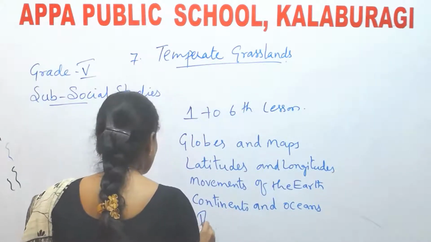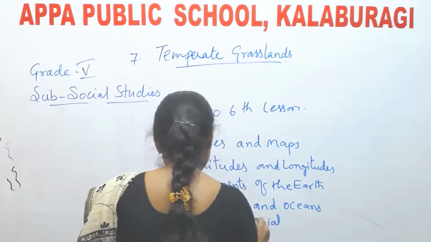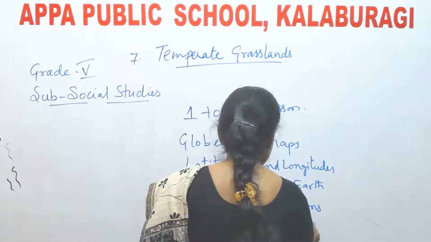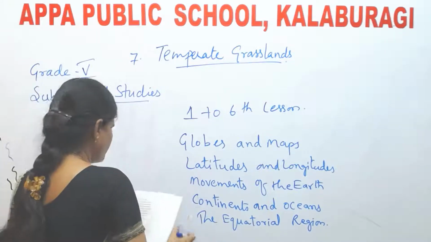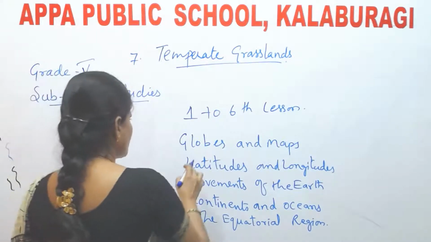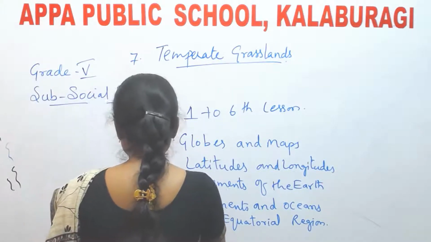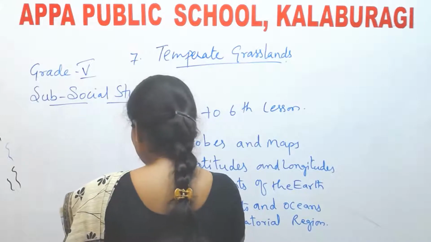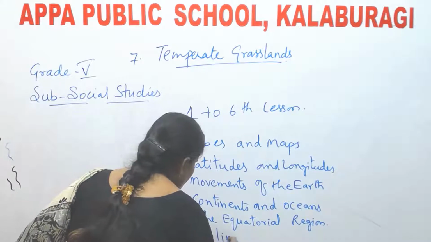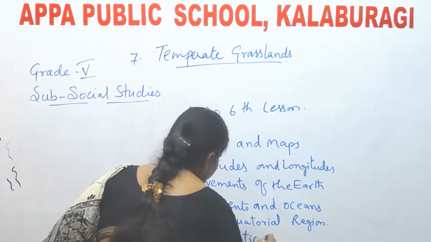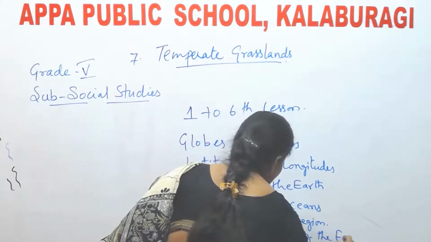Next, the equatorial region. Okay. Globes and maps, latitudes and longitudes, movements of the earth, continents and oceans, the equatorial region, and the climatic zones of the earth.